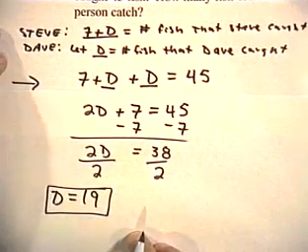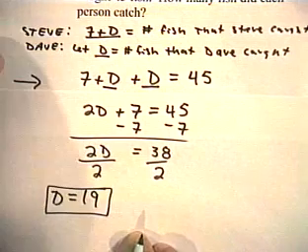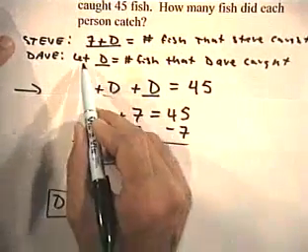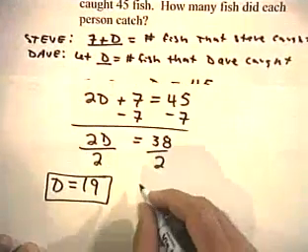Now I have to ask myself, am I done with the problem? Well, what did D represent? D represented the number of fish that Dave caught. So Dave caught 19 fish.